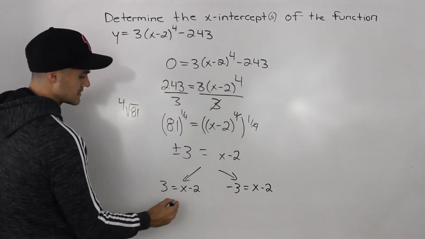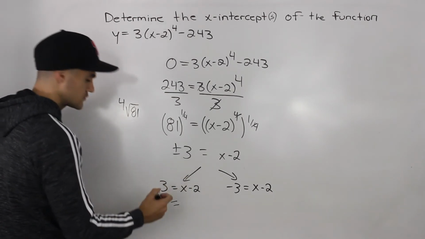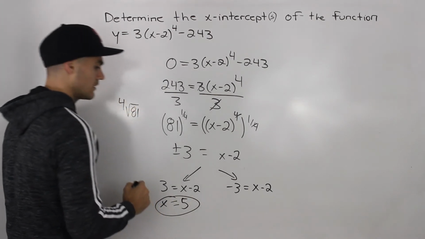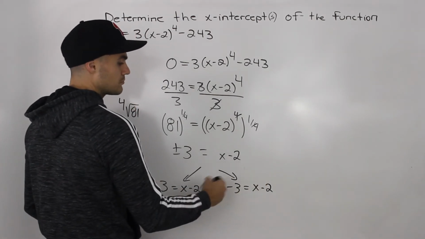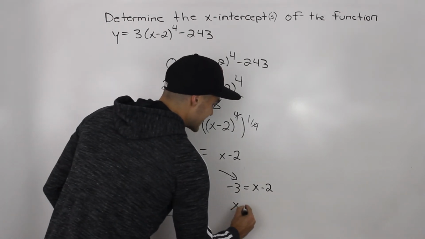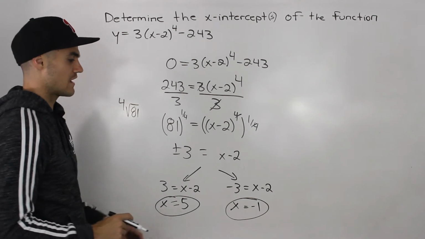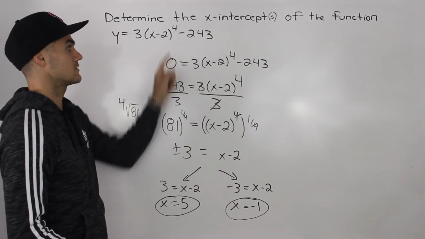If we isolate for x in this one, we'd have x equals 3 plus 2, so x equals 5 is one of the x-intercepts. And here, if we bring this negative 2 over, negative 3 plus 2 would give us negative 1. So negative 1 and positive 5, those are our two x-intercepts for this function.